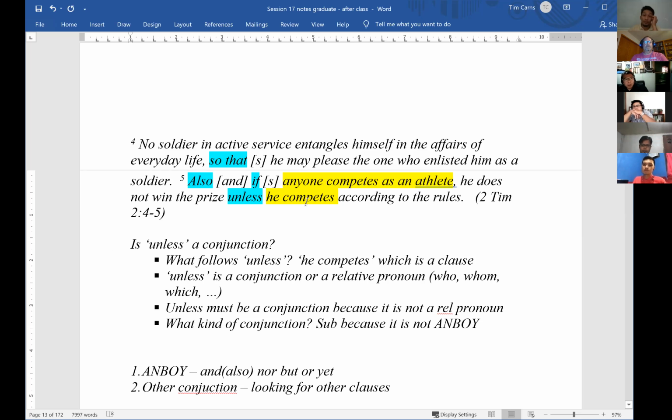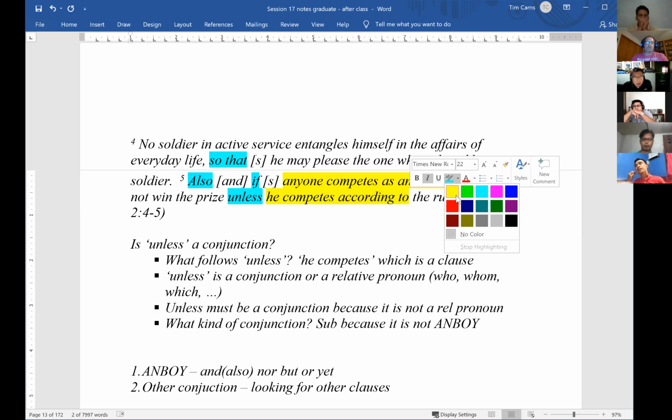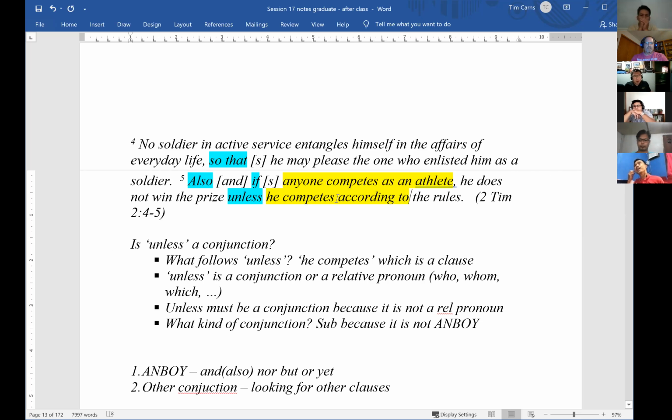What follows it? Okay, "he competes." And I know it's just "he competes" because "according to" is a preposition. But even if I wasn't sure about that, I still know that I've got a subject and a verb following "unless," so I know I've got a clause here.